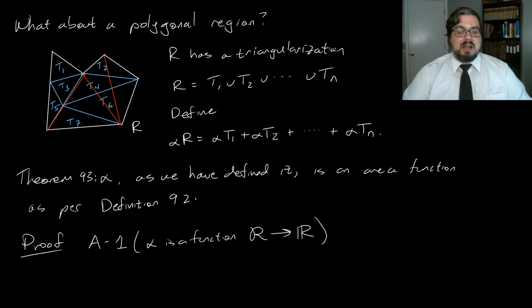So if I've got two different triangularizations of my region R, how do I know that this number is the same for the two different triangularizations? That actually takes quite a bit of work, and we're going to sketch some of the arguments one would use to make that case.